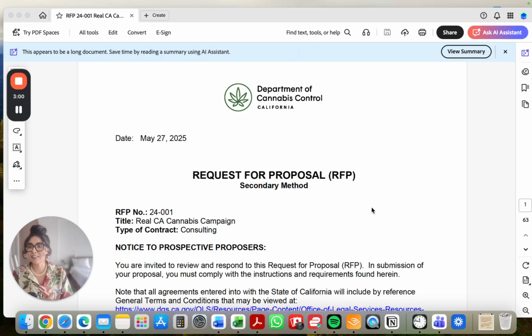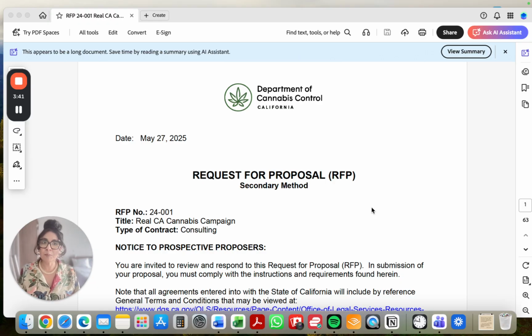It'll have the mandatory required sections, the required documents, attachments and forms, your formatting requirements such as page limitations and font size, and your submittal instructions, so you'll know when and where to submit your proposal package. So that's the basics of what goes in this table.